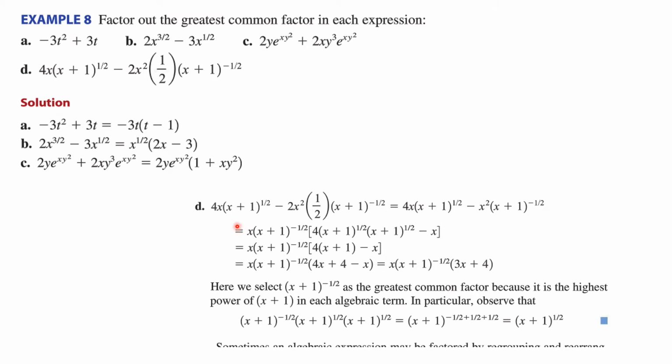In the last one, the greatest common factor is going to be x and x plus 1 to the minus 1/2. And so when we do that, we get this as my final answer.